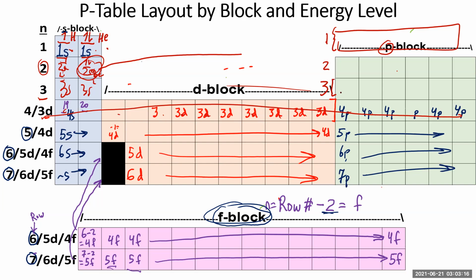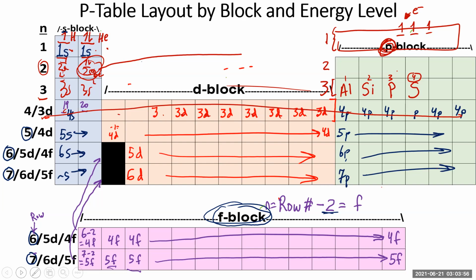So we have aluminum, Al, we have silicon, we have phosphorus, and we have sulfur. Here we are. So in the p block, we have 1, 2, 3, 4. It is the 4th p block element. So therefore it has 1, 2, 3, and then it has a 4th electron somewhere in there. And we're going to see how to do that.